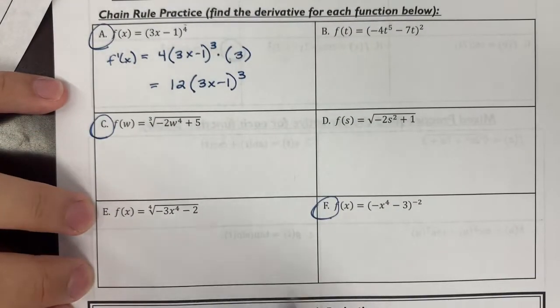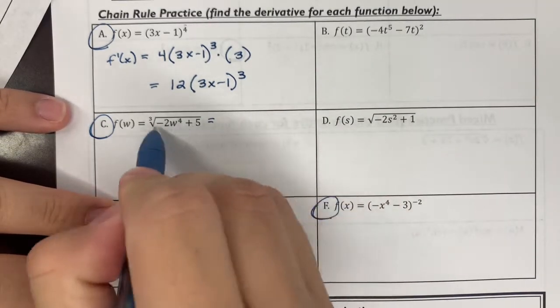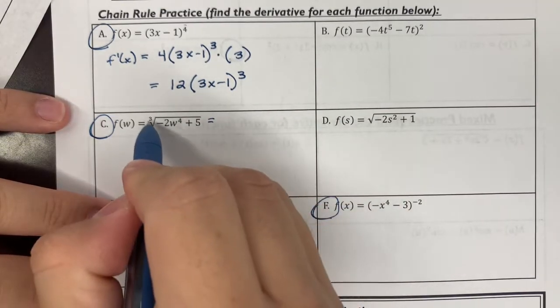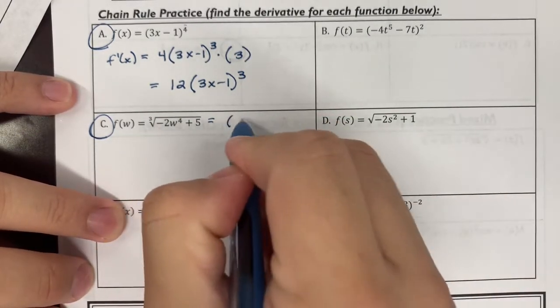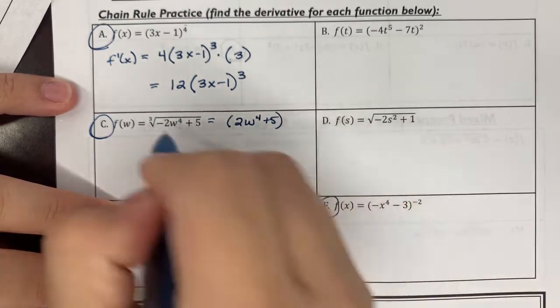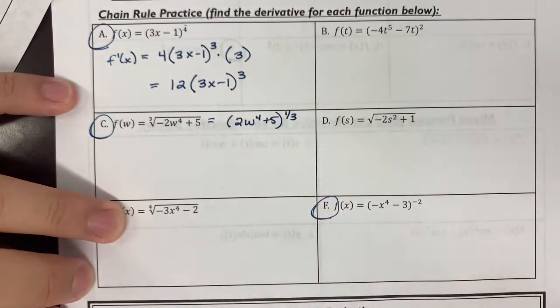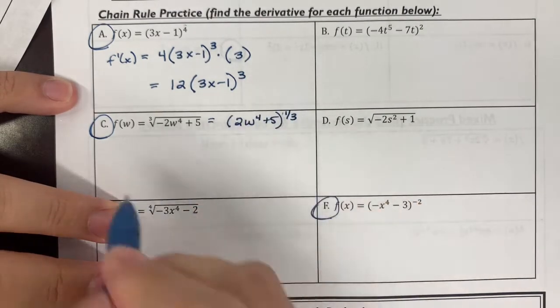So we'll just do a few more examples just to make sure we understand this. Similar with this one, but if I don't like working with radicals, I'd rather see the actual exponent. So I'm going to rewrite this as (2w to the 4th plus 5) all raised to the 1/3 power, right? So I'm going to bring the 1/3 over to the front.